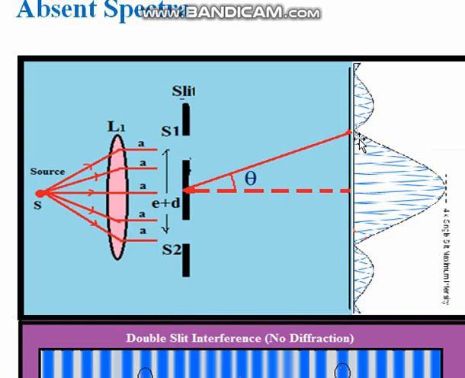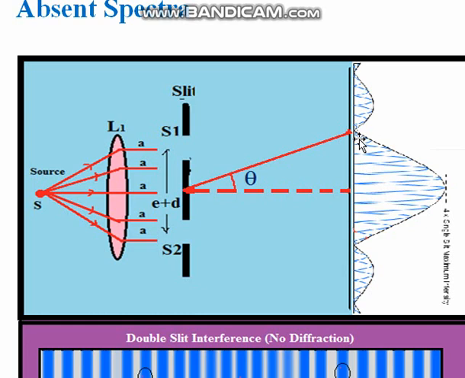What is the equation of the first diffraction minima? The equation is a sin θ is equal to ±mλ. This particular minima exactly falls on the maxima due to the interference. What is the equation of maxima? It is (a + d) sin θ is equal to ±nλ. You may write a + d is equal to 2d, which is the slit separation.